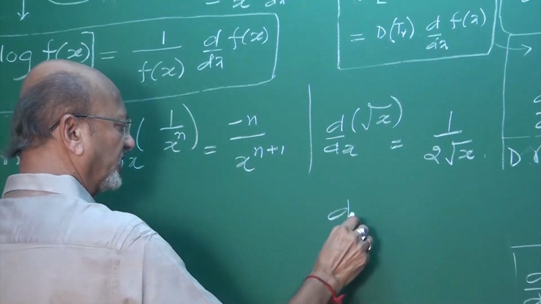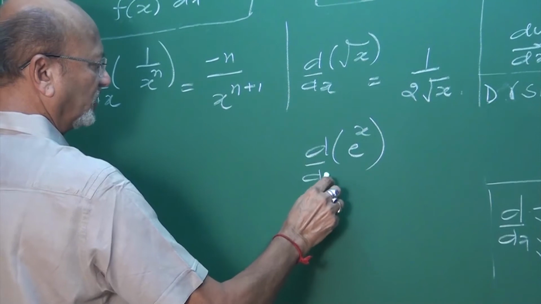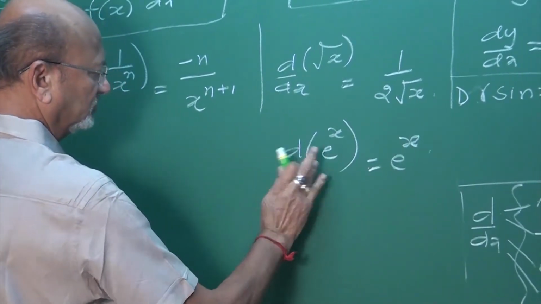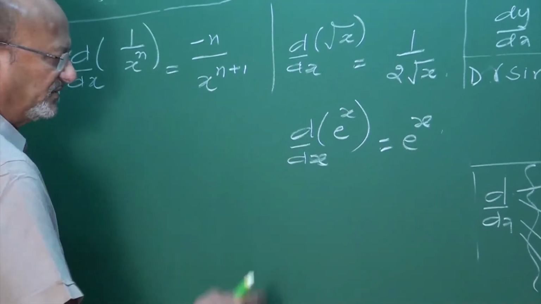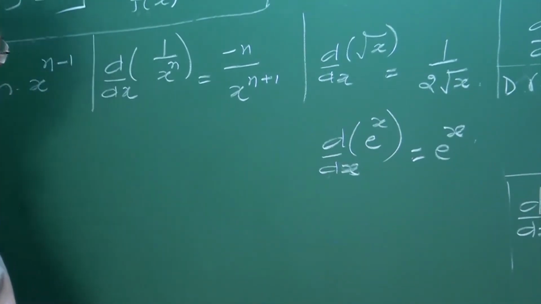One more, the derivative of e to the power x with respect to x is e to the power x. If you write one, the rest follows.